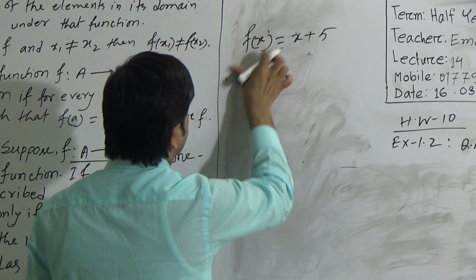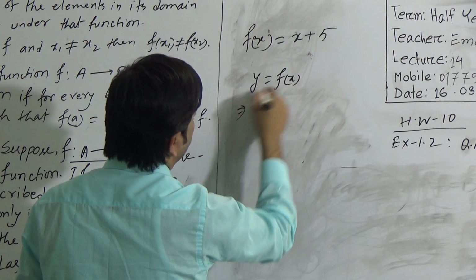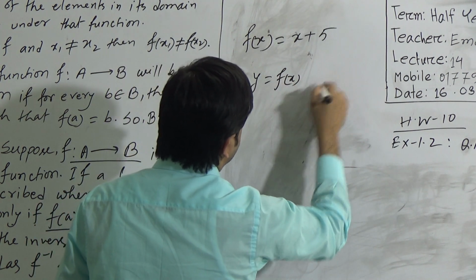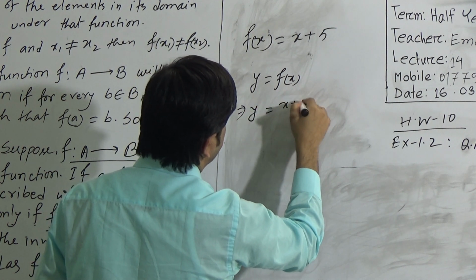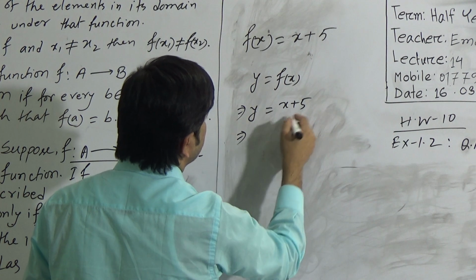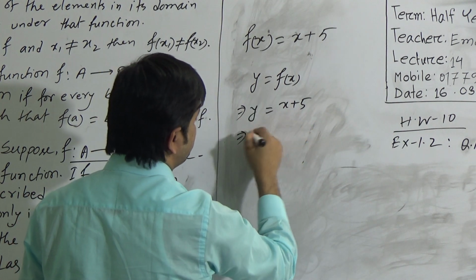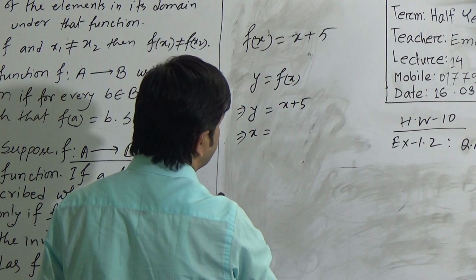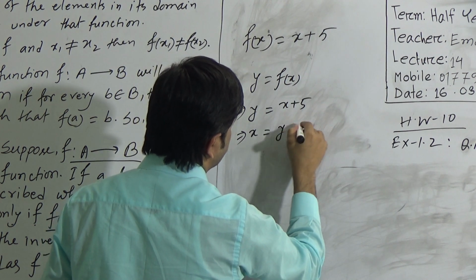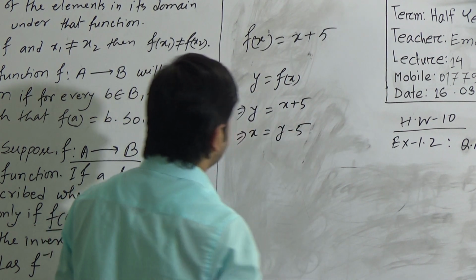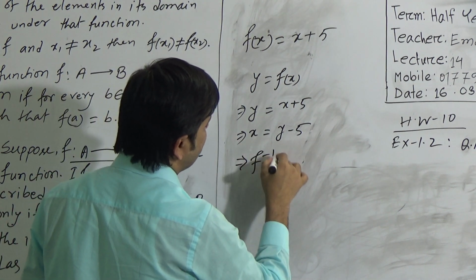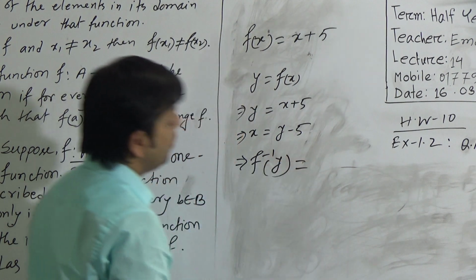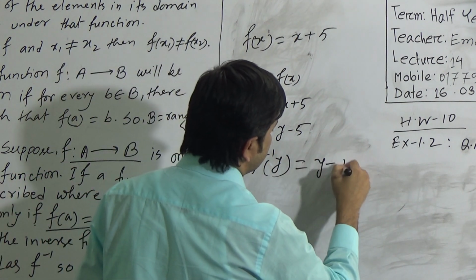Consider y equal to f(x). Then f(x) means x plus 5. We can determine the value of x, that is y minus 5. So x means f inverse of y, that is y minus 5.